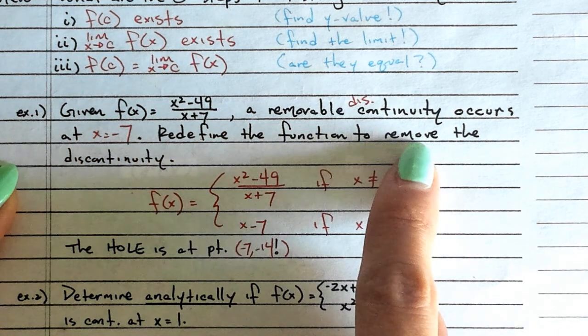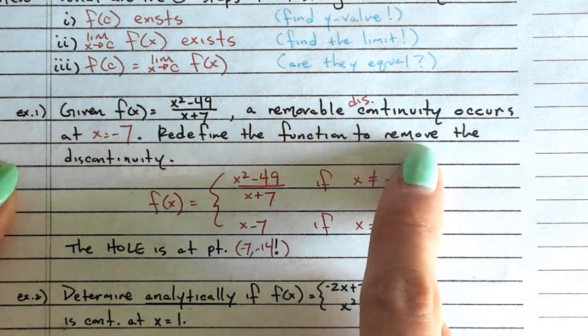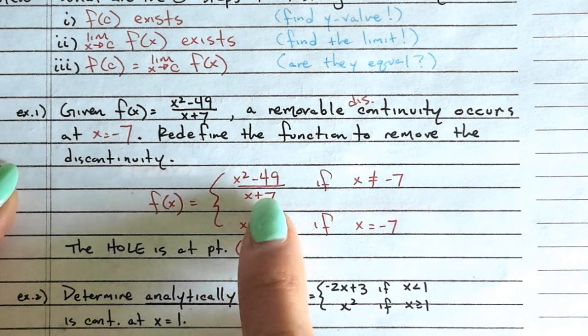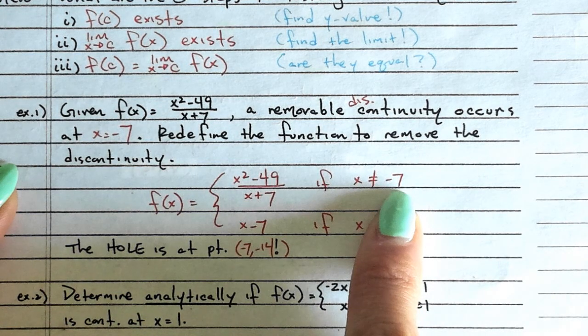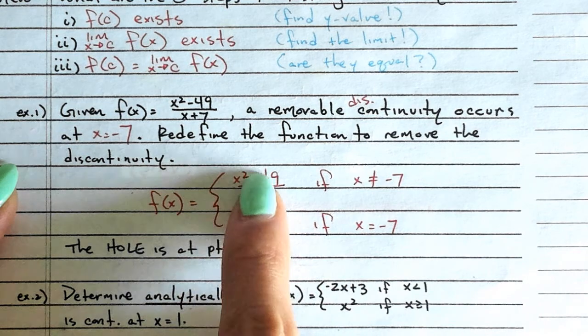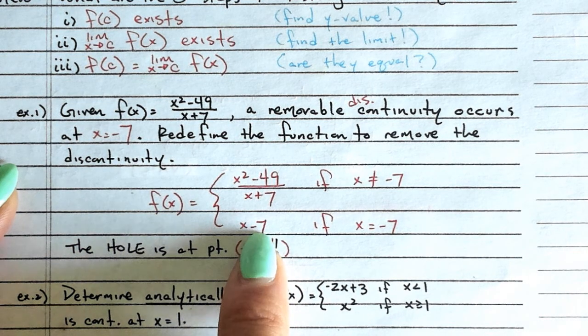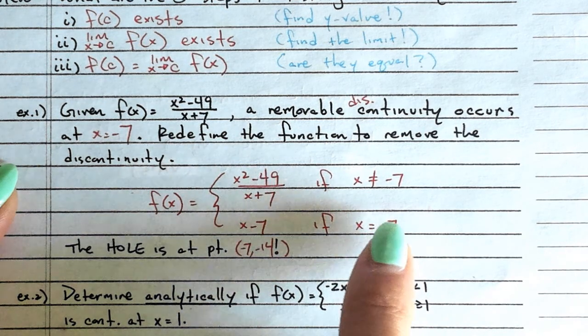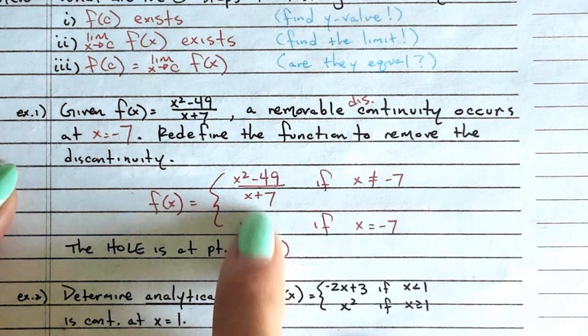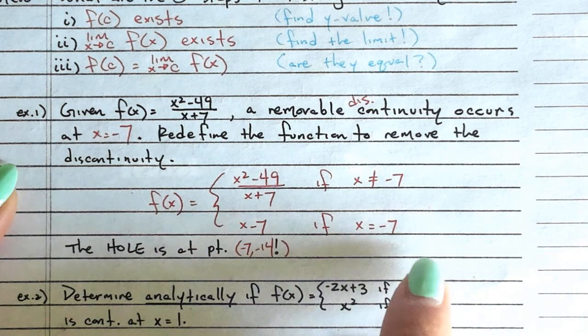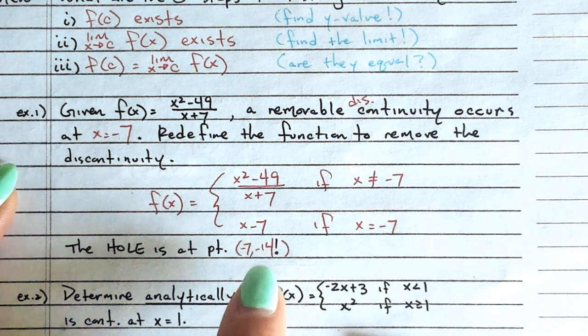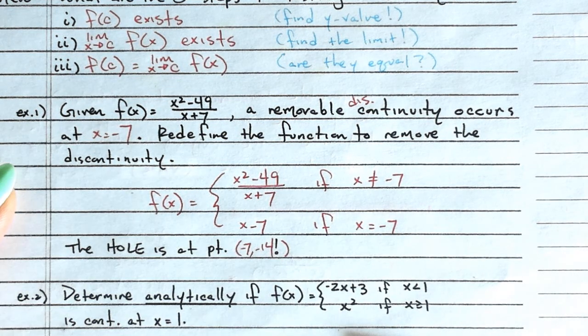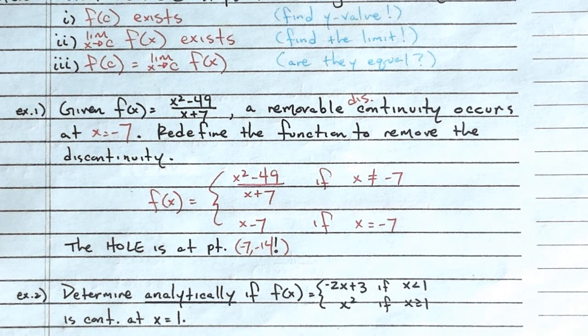Because we want to remove the discontinuity. We want to fill in the hole, basically. So there is a hole here. To fill it in, we need to say at this reduced part of the function, at -7, we would have this reduced version. And then if we plug -7 into here, that's where we get the -14, okay? So there is our redefined function.